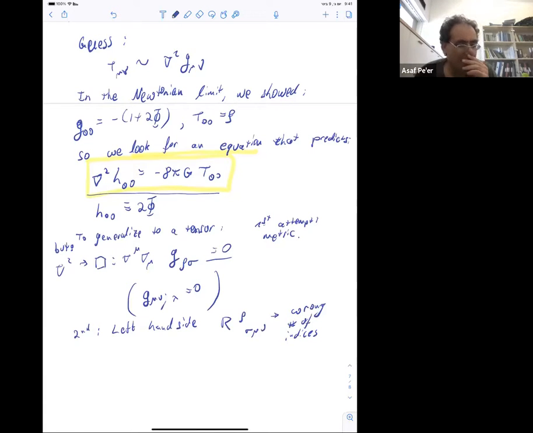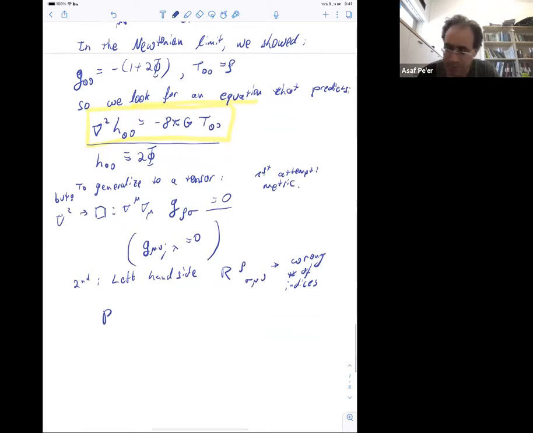But as you said, rather we can use the Ricci, R mu nu. R mu nu looks quite good for various reasons. For example, it is symmetric, and we know that the stress energy tensor is also symmetric, so we're quite good.